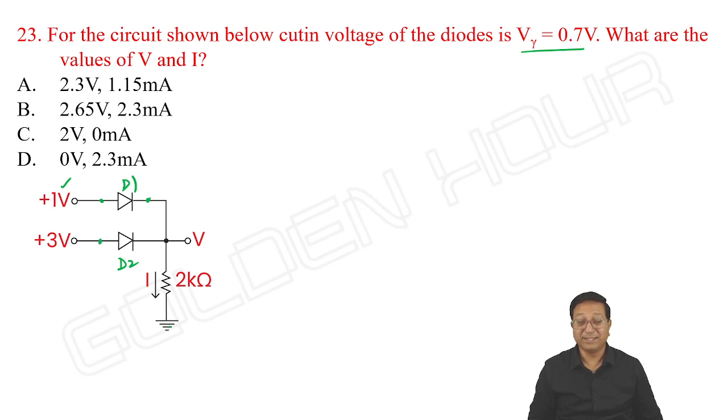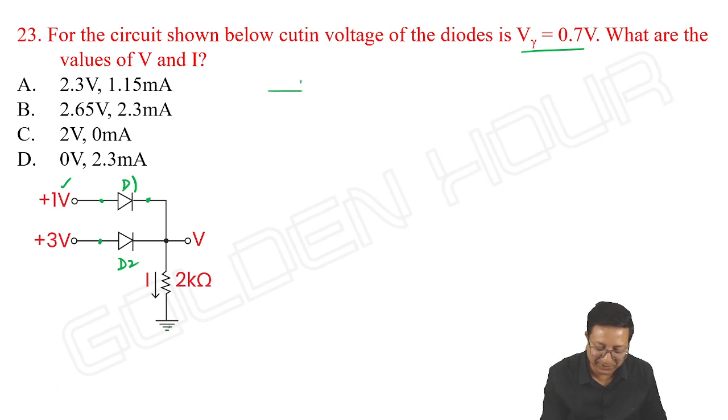First of all, is it possible? Never. Why? See, suppose D1 is on, the voltage across D1 will be 0.7 volts, and the anode is at 1 volt. And suppose D2 is on, the voltage across D2 is also 0.7 volts, and its anode is at 3 volts.